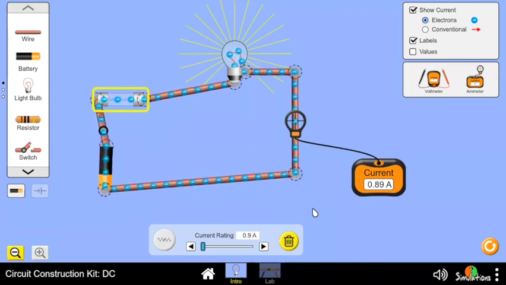Suppose sometimes because of an increase in the voltage, that is called a surge. You might have heard about this word. Yes. Surge or spike in the voltage. Sometimes if that happens, what will happen? If voltage is increased, what will happen to the current in the circuit? Increases or not?